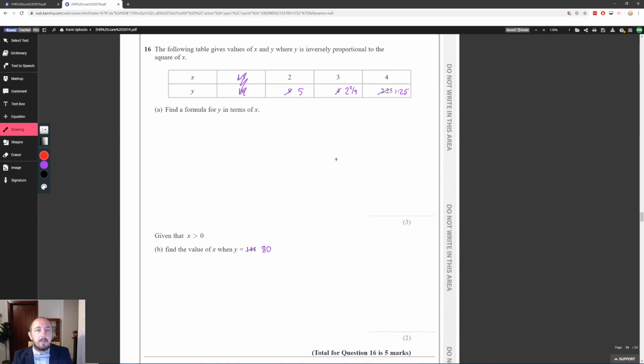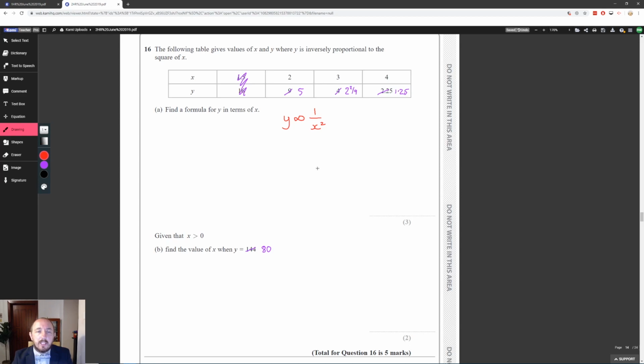Okay, I've changed some of these numbers slightly. So find a formula for y in terms of x. Y is inversely proportional to the square of x, so it's proportional to 1 over x squared.